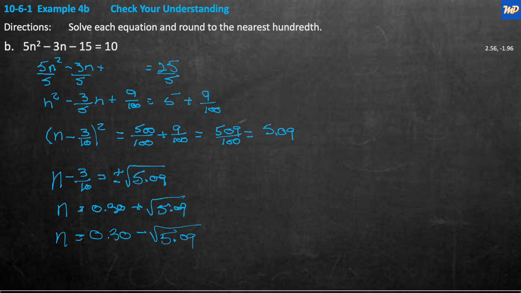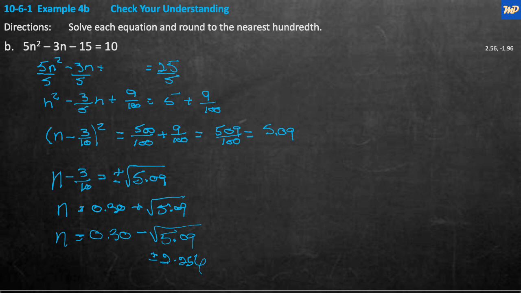Well, the square root of 5.09 is equal to, I'm going to write it right here, 2.256. That's the square root. So it's going to be plus and minus that number.